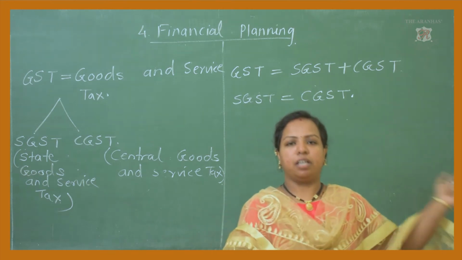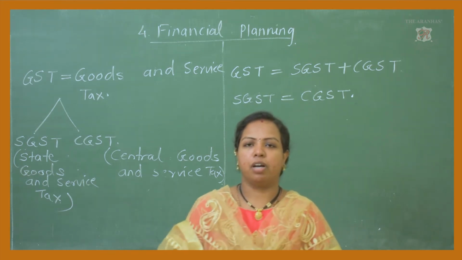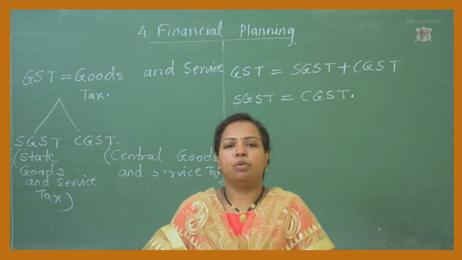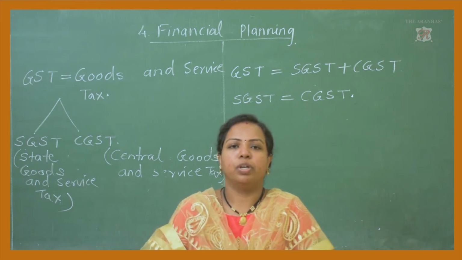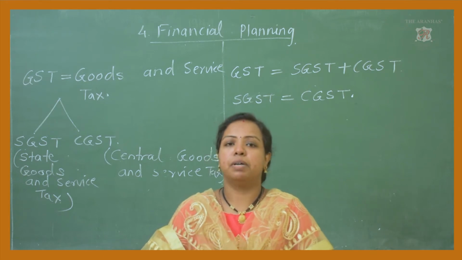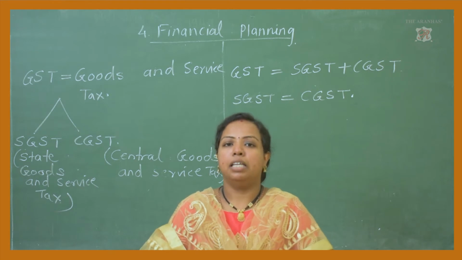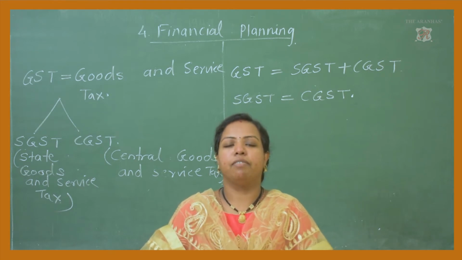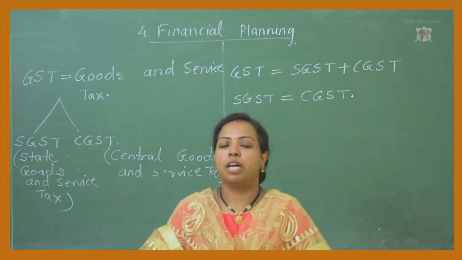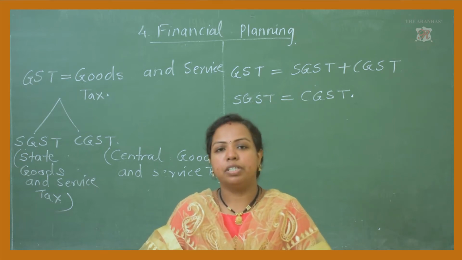Now, whenever we are solving some questions, in that question we have terms like taxable value, invoice value, or sometimes selling price, purchase price, total value. These terms are given some value. Then how are we going to know whether these values are without GST or with GST?